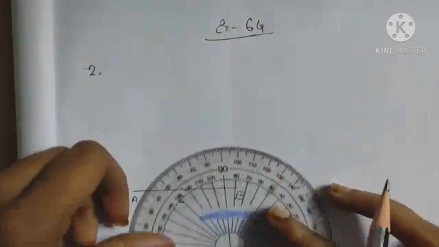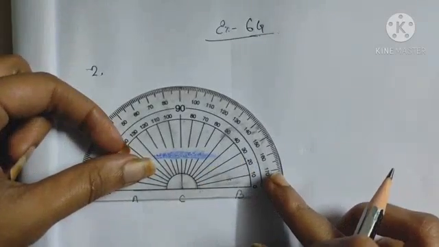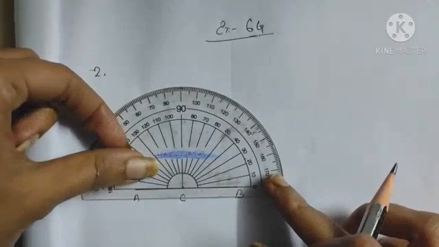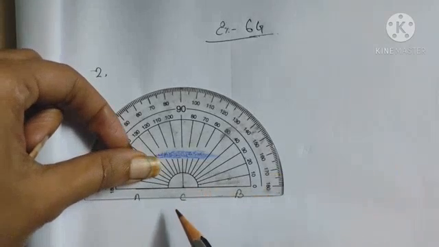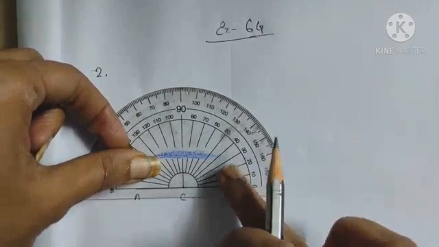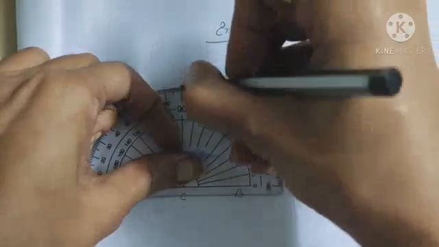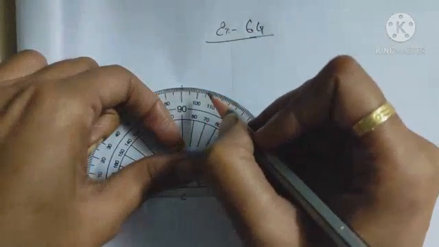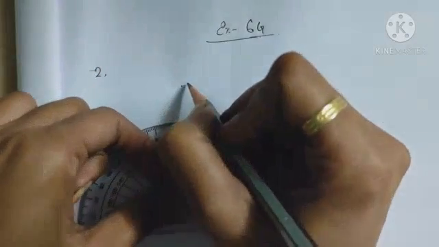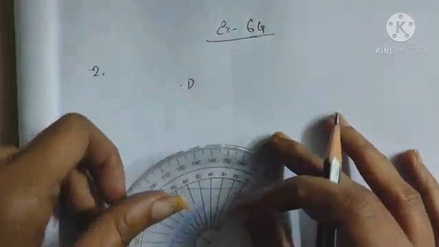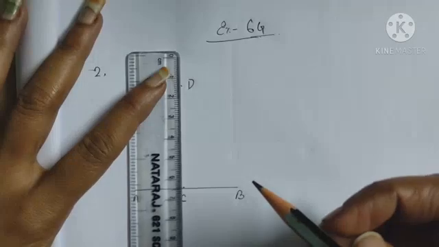Now take a protractor and place on a baseline AB with a point C here, and we take 90 degree, mark 90 degree and mark it as a point D. Then lift the protractor and join D, CD with the help of a ruler.